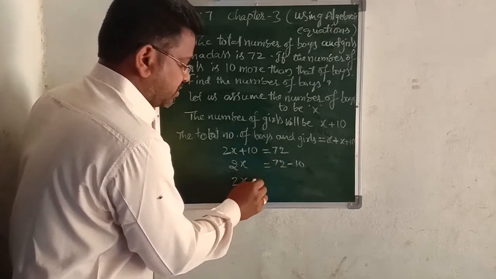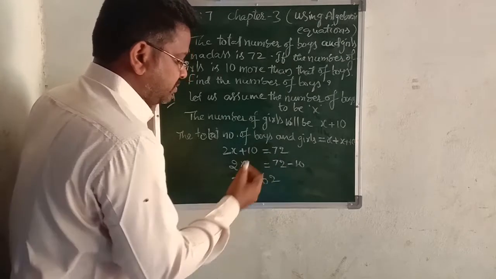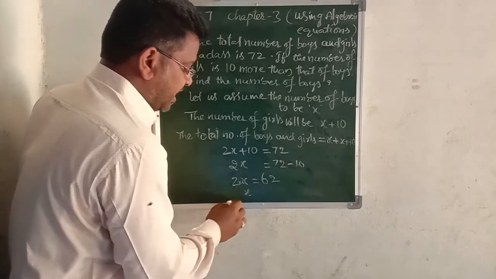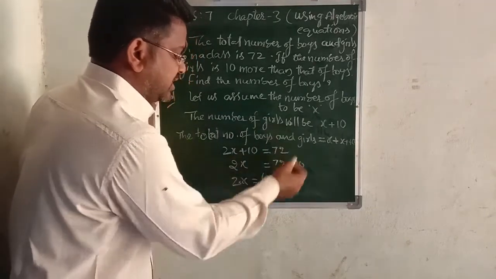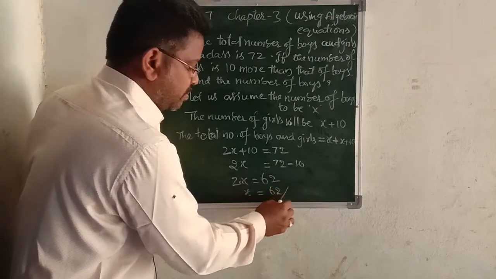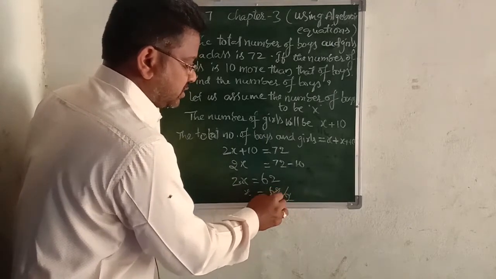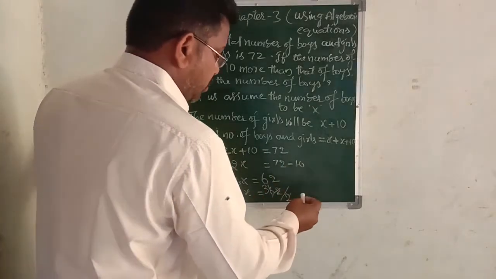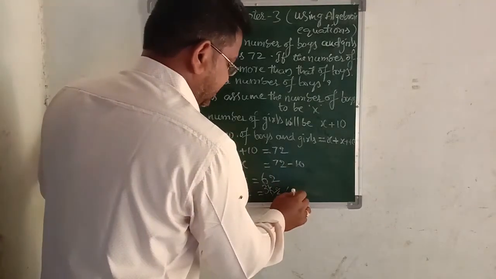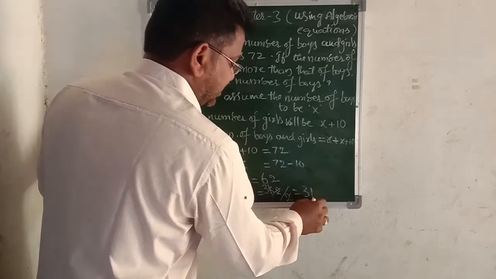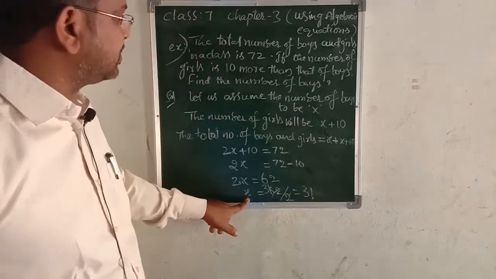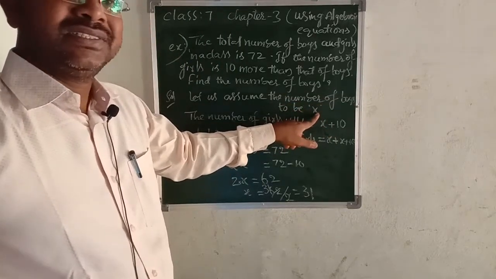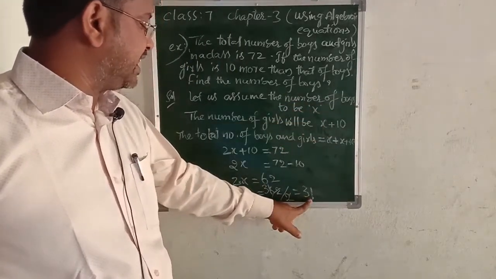So 2x is equal to 62. 2 into x; taking x as the subject and taking 2 to the other side, 62 by 2, 2 thirty-ones. So we get x as 31. What is x? The number of boys. The number of boys is 31.